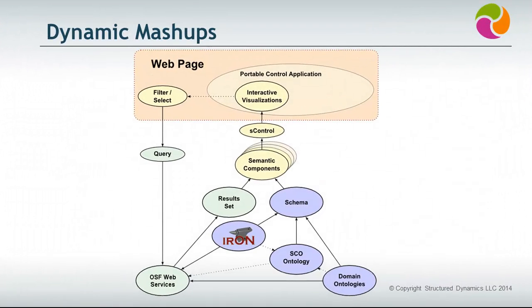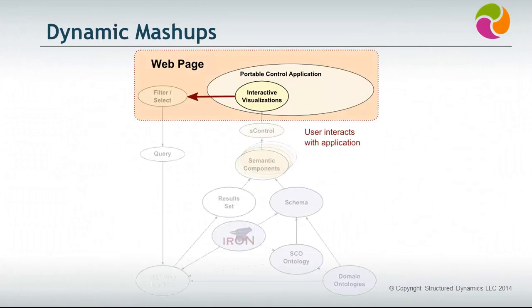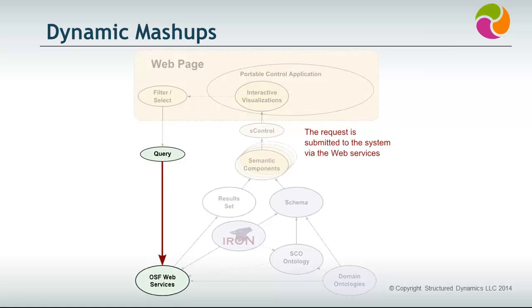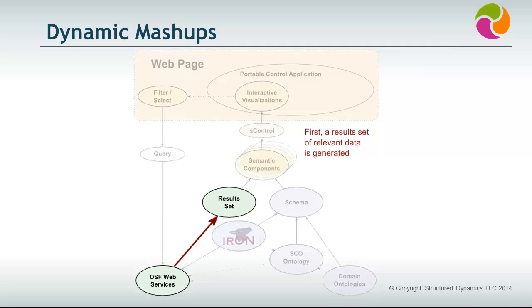Now, the way that the system works from an interface perspective is that users will go to a web page, they will make some choices. Those choices, filtering, selecting, will generate queries in the background, which will go down to the web services layer, which will issue a request to the engines, and results will come back.